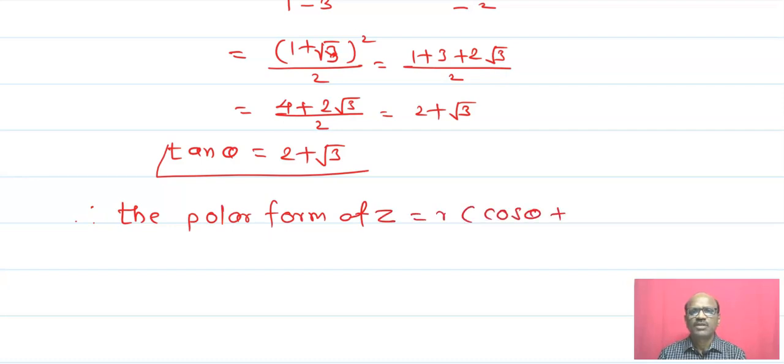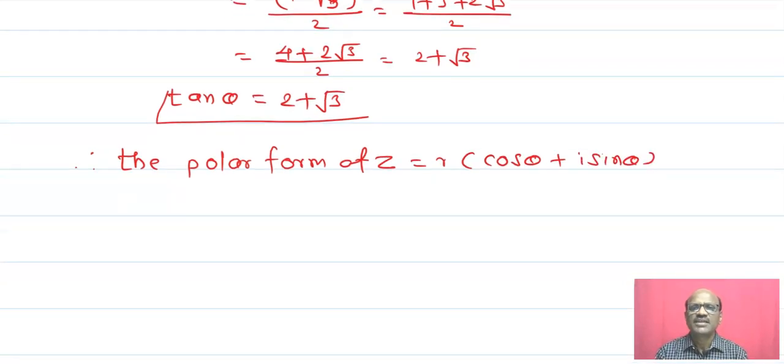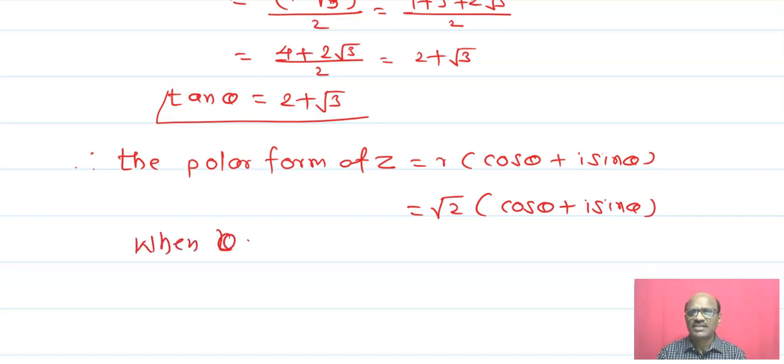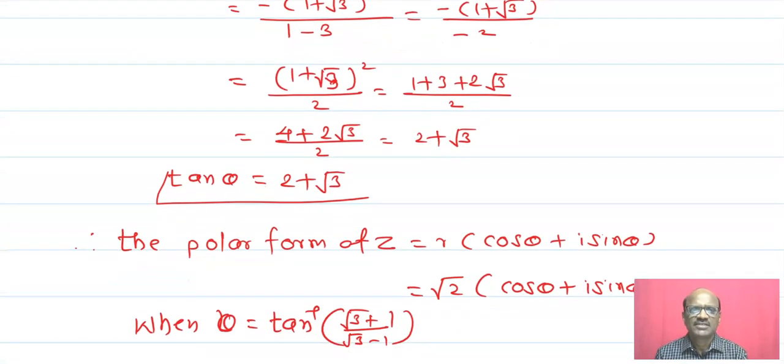Now this is also treated as argument. Therefore, in the polar form, z is equal to r in bracket cos theta plus i times sine theta, and the value of theta is treated like this: theta is equal to tan inverse in bracket root 3 plus 1 upon root 3 minus 1, in this fashion.